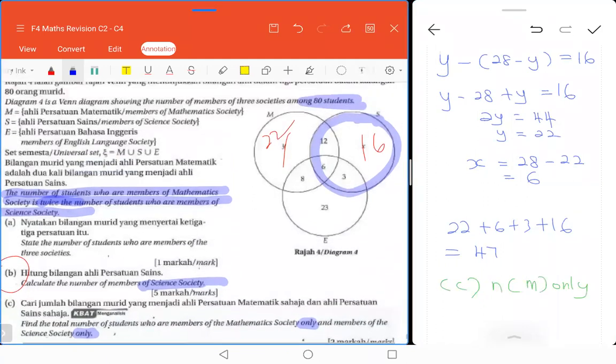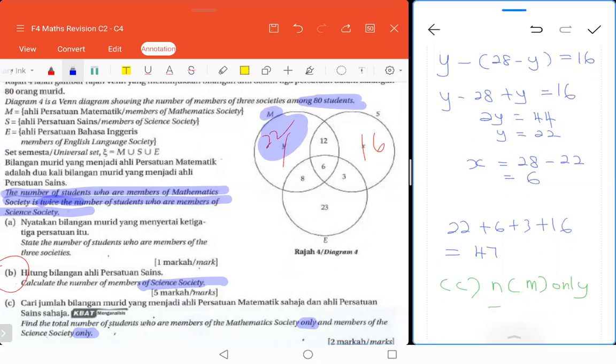So refer to the diagram. Okay, where is it? This is Maths. Only means here. You see, this area is not sharing the common area with others. So this part will be the members who are joining Math Society only.